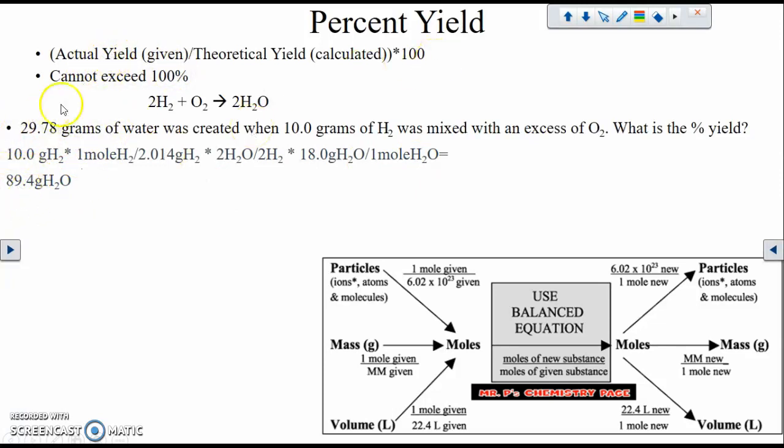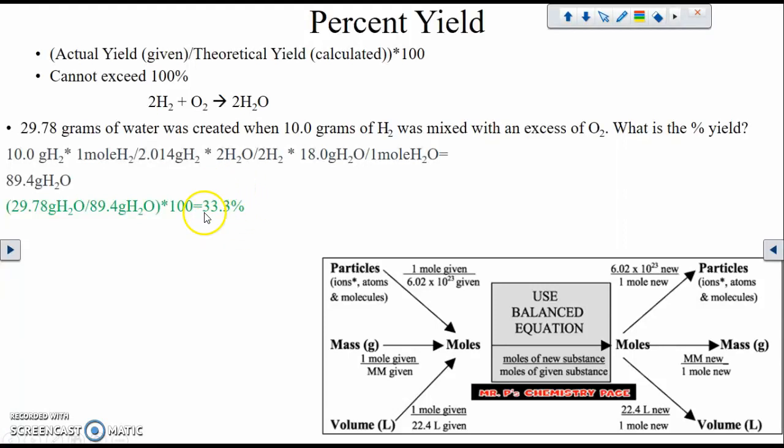So if we do this math, which is actual yield divided by the theoretical yield times 100, we get 33.3%. So this process that was done initially is 33.3% efficient, if you want to think about it this way.